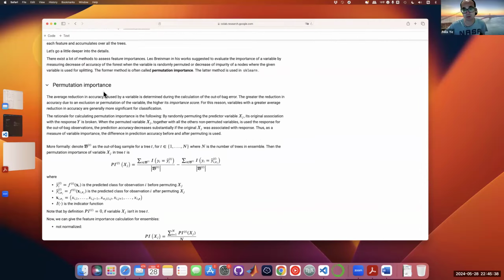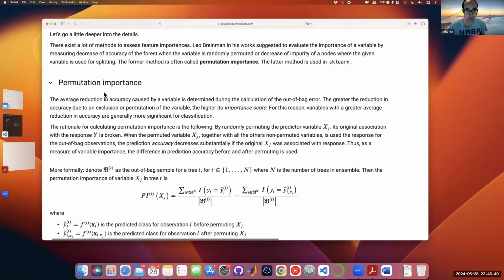This is also very important. I know this is quite detailed, but it's completely worthwhile to study as a separate matter. Basically, I want to remind you that we can use this out-of-bag error as a measure of reduction in accuracy.